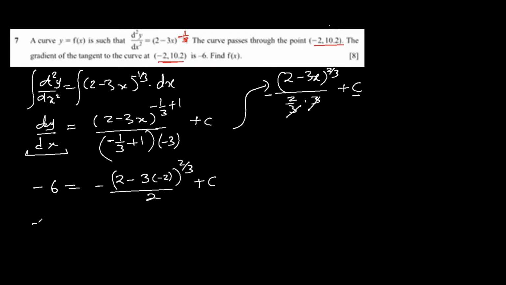So minus 6 equal to minus (2 plus 6) to the power 2/3 over 2 plus c. This is minus 3 times minus 2, which will be plus 6. 2 plus 6 is 8 to the power 2/3 over 2 plus c.